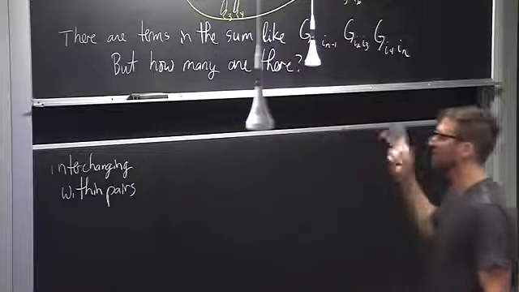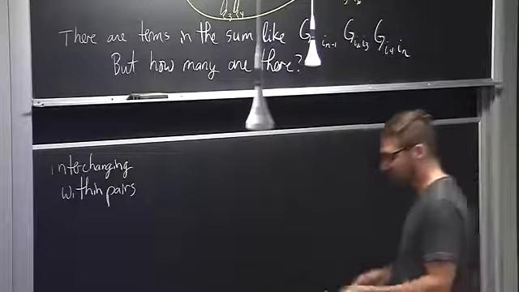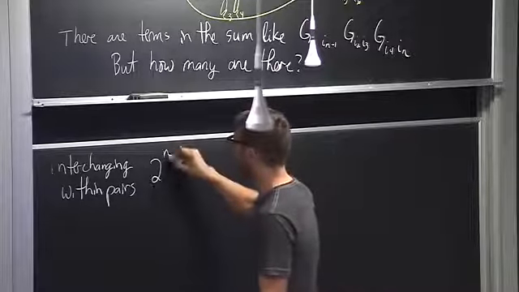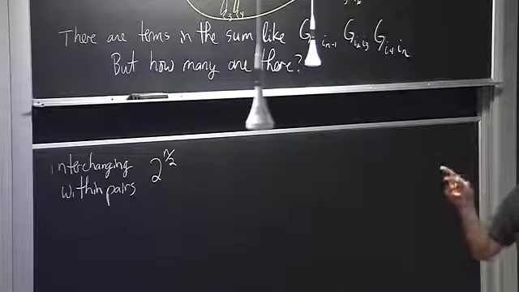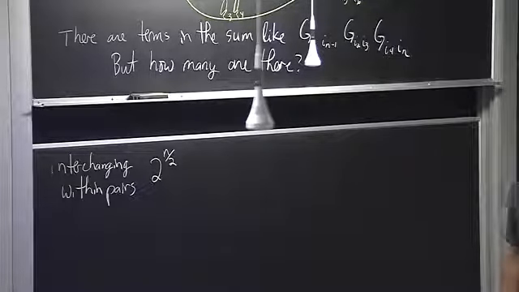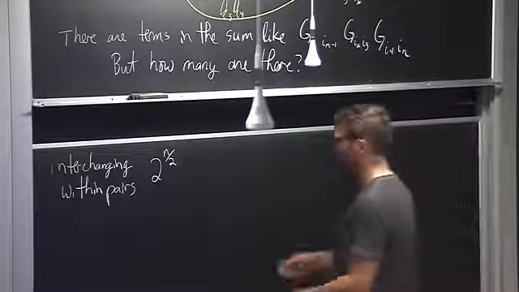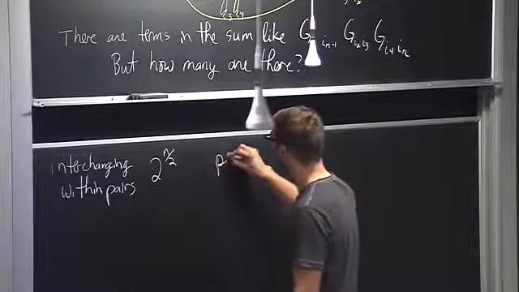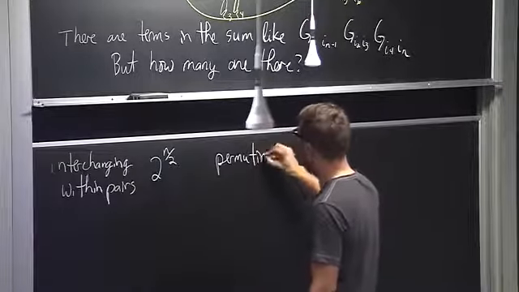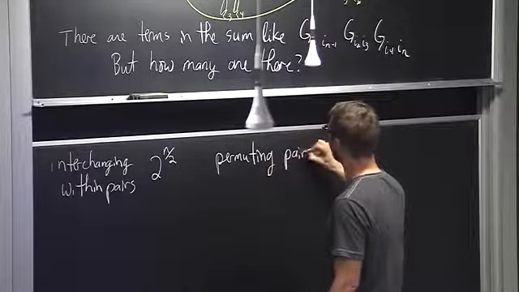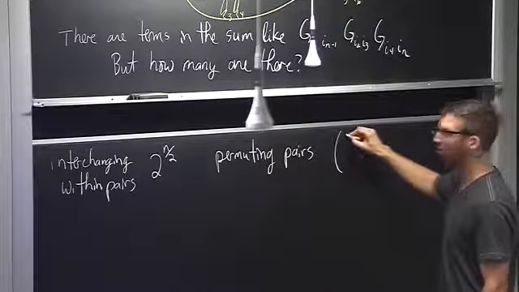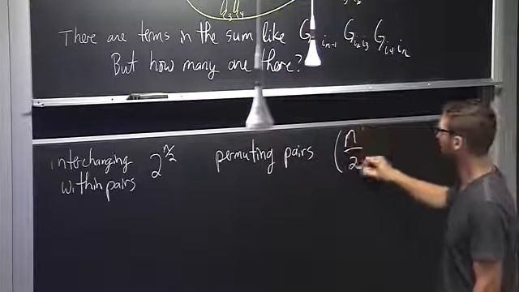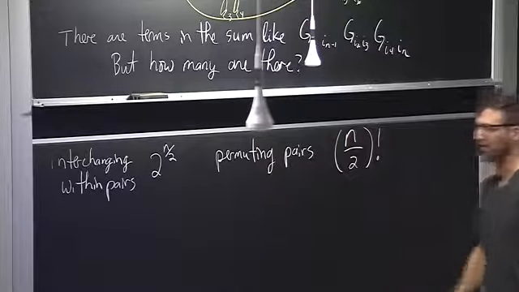Interchanging indices within pairs gives you a combinatorial factor of 2 to the n over 2, because there's n over 2 pairs, and there's 2 possibilities. That one's simple. And then permuting through all possible pairs gives a combinatorial factor of n by 2 factorial.